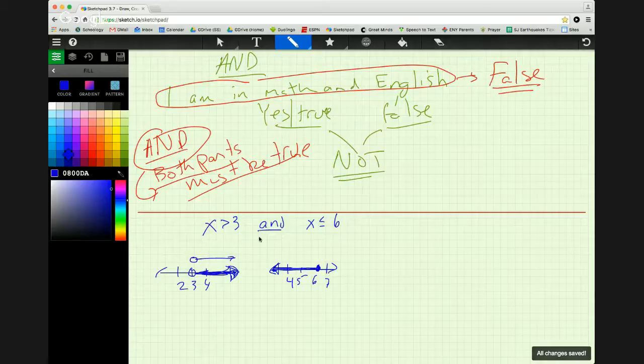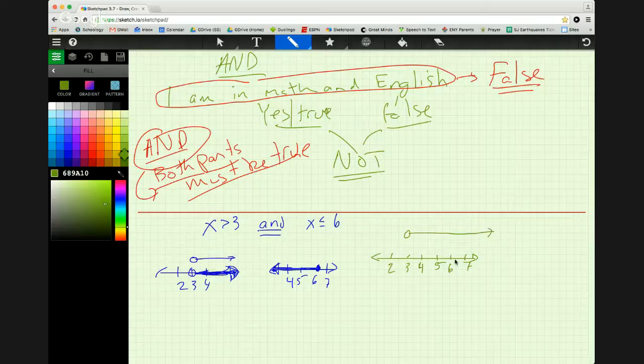Now remember, both of these have to be true. So let's draw our number line here. 2, 3, 4, 5, 6, 7. So here's x is greater than 3, looks like this. x is less than or equal to 6, solid circle going this way.